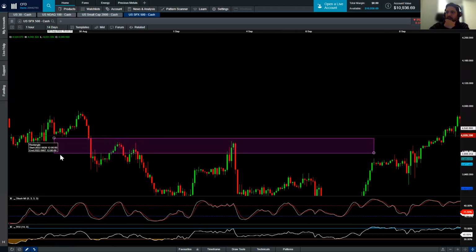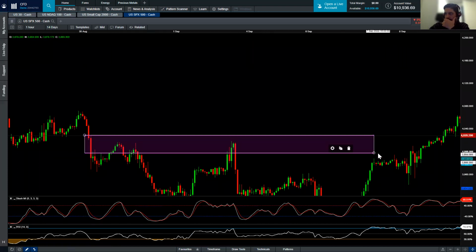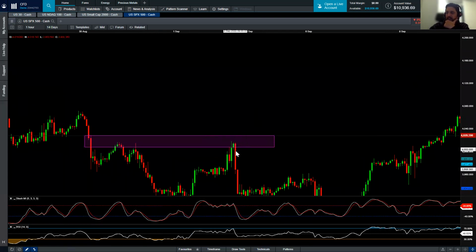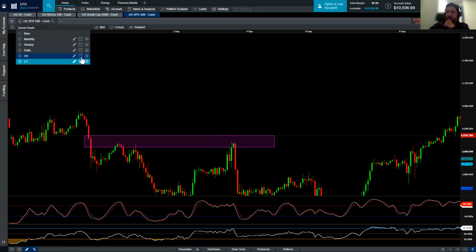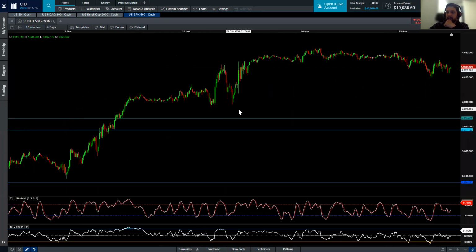If you go to the 1 hour chart, here is the stop level. Here is the area, just above this. When we are coming down below this on the 10-minute chart, let's go to 10 minute. I don't know if my platform recalls this one.